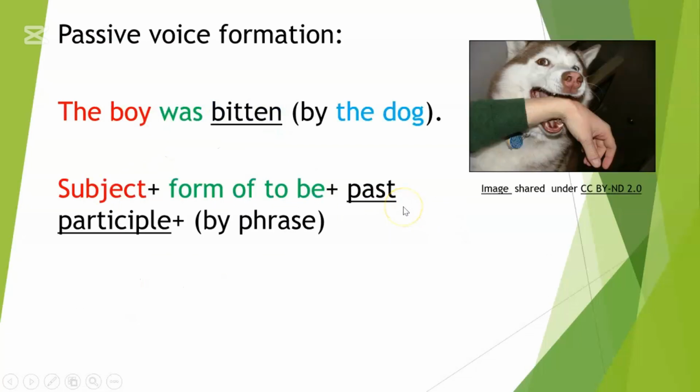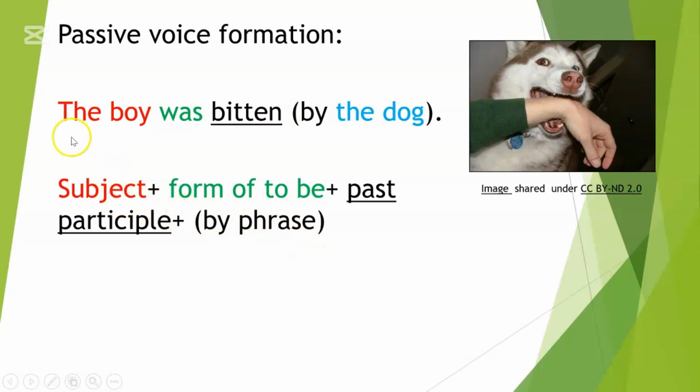Now let's take a look at the passive voice formation. The boy was bitten by the dog. So with passive voice, we're going to have a subject, form of to be, the past participle, also called the third form, and then a by phrase after that.